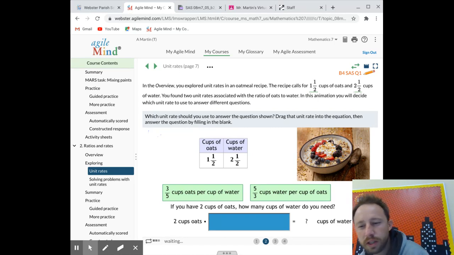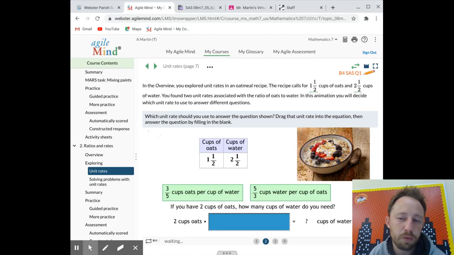So what do we need to do to determine how many cups of water we will need? Multiply. That's right. What are we multiplying 2 cups of oats by? We have to either multiply it by 3 cups of oats, or by 5/3 cups of water. So which one would we use to determine how much water we need?